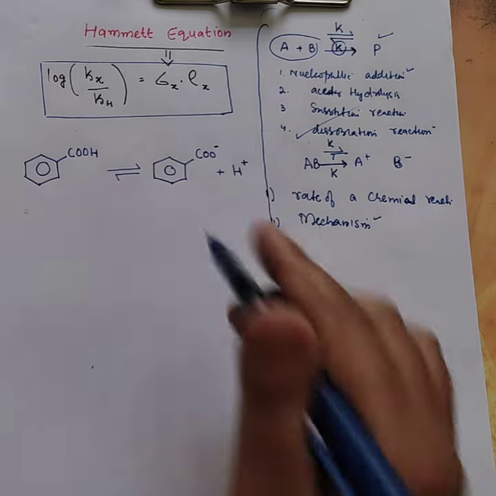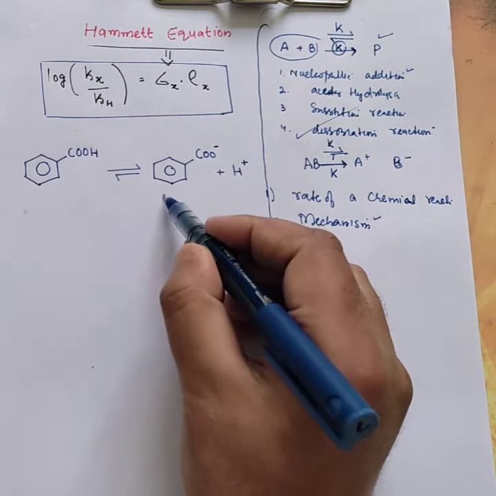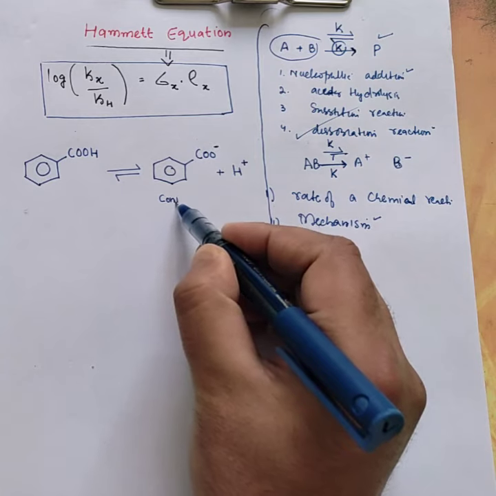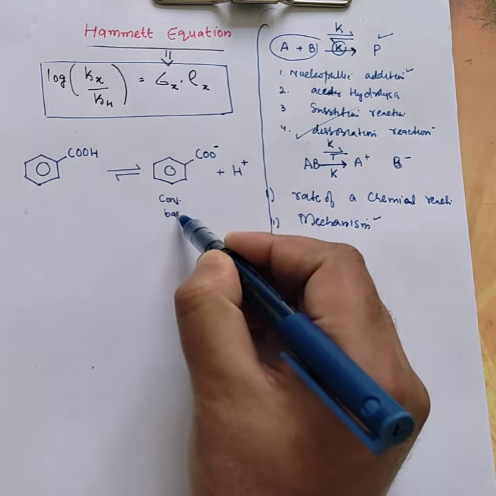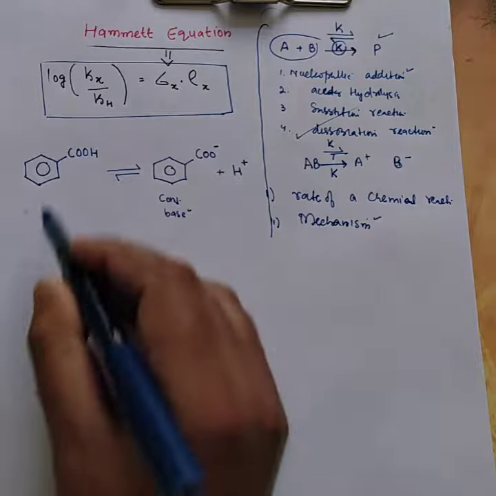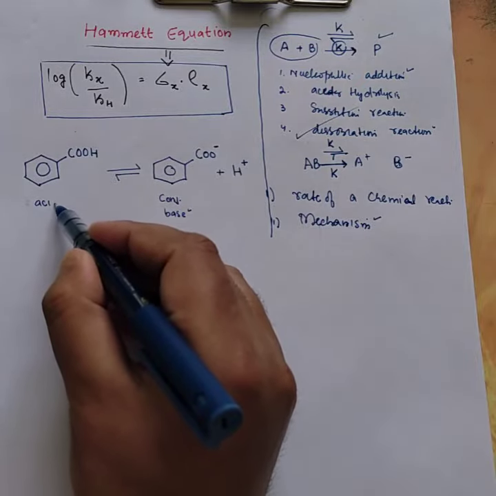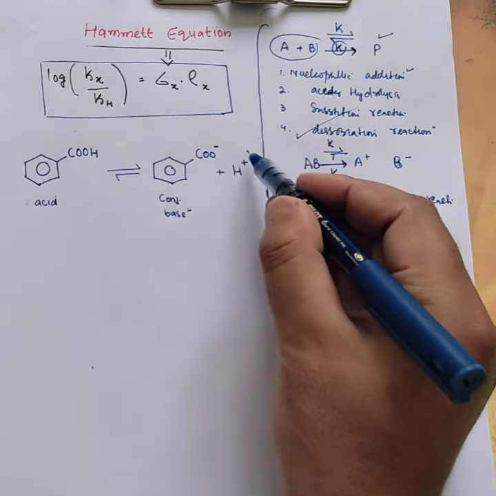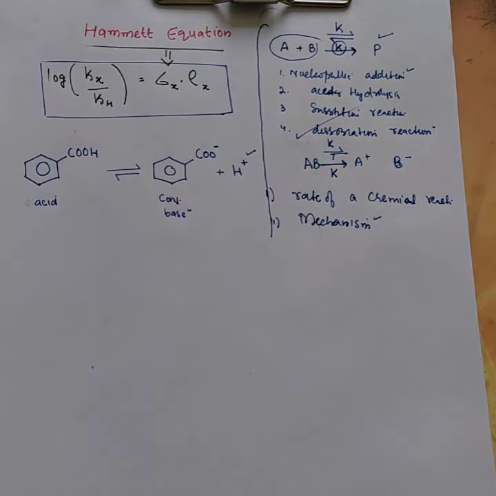Okay. And this negative charge that has formed is called the conjugate base. Acids have a conjugate base. So this is your acid, benzoic acid. So it dissociates to H plus and the conjugate base. This is a normal concept of acid-base chemistry.